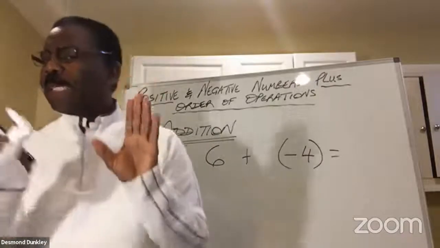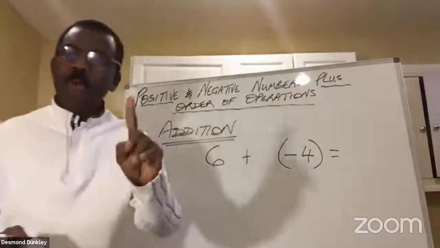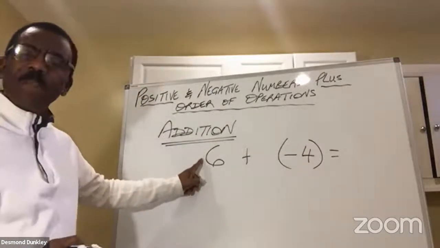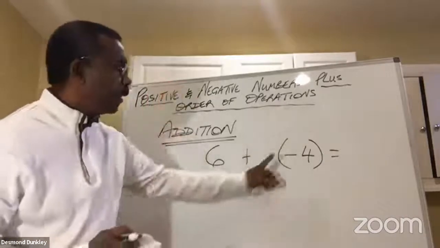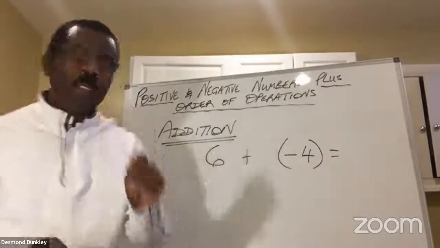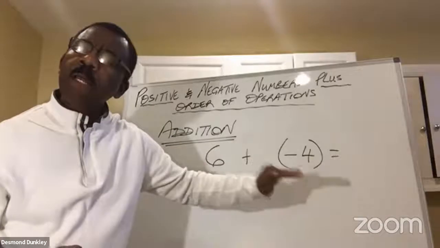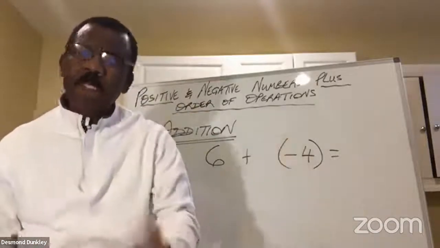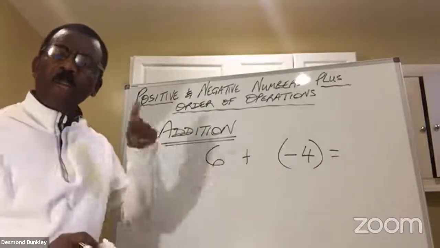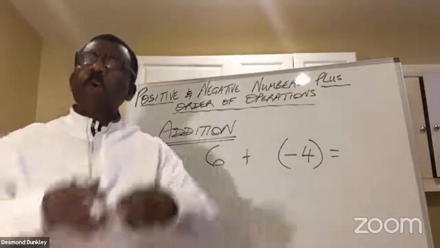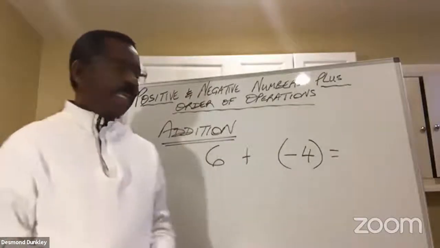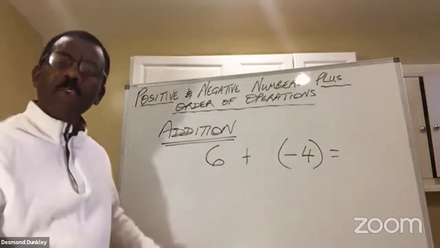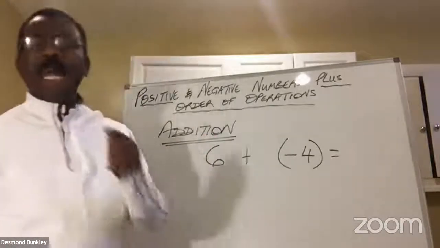And I want you to just pay attention right here. If you notice, the positive number is 6, the negative number is 4. So this is a smaller number of negatives compared to a larger number of positives. So overall, the result is positive because you have more positive than negative.